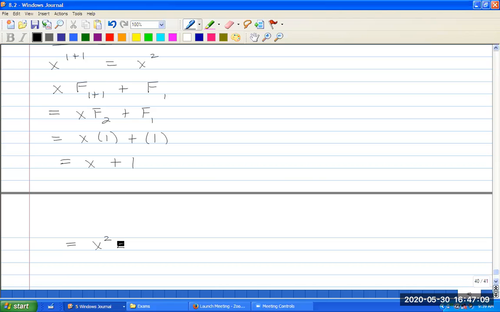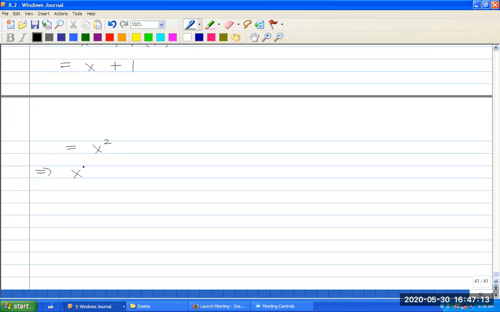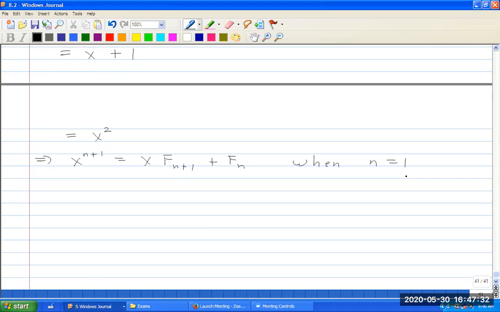Therefore, I've shown that x to the n plus 1 is equal to x f sub n plus 1 plus f sub n when n is equal to 1. And so that proves the initial case. Let's show the induction case.